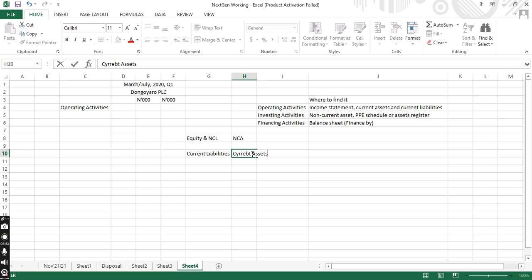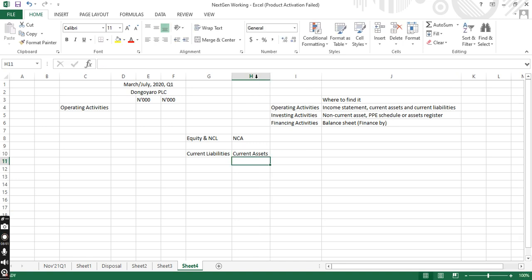Are we together, please? Yes, sir. Now, all these four are the things we have in our balance sheet. Out of these four, your operating activities will take these two, inclusive of your income statement.